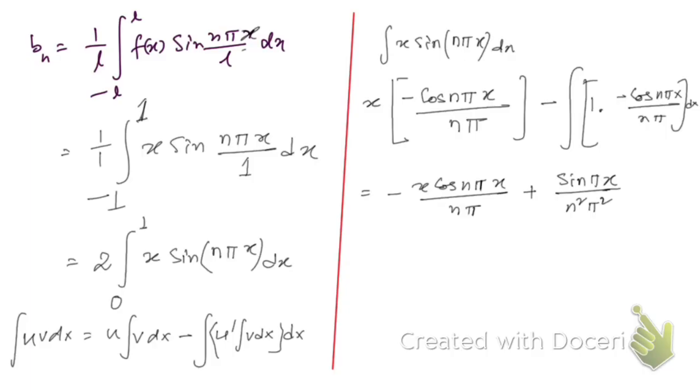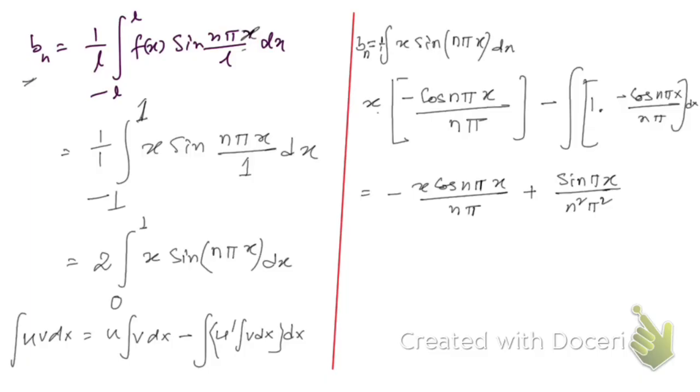Now you see bn is equal to 1 by l, and 1 by l is 1 here, so that's simply 1. We are integrating it from 0 to 1.